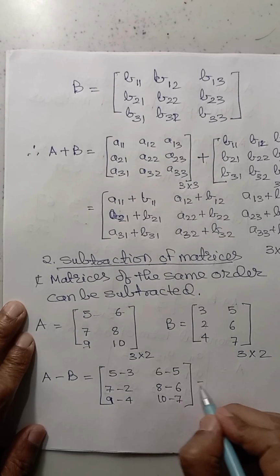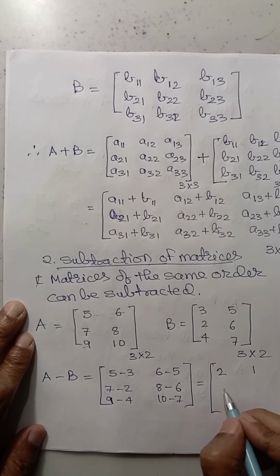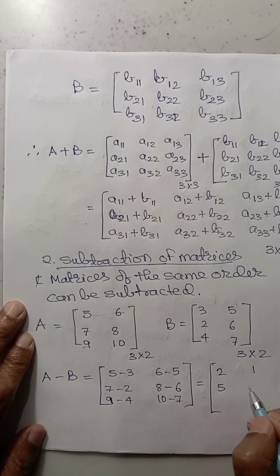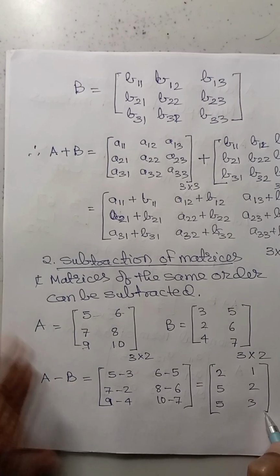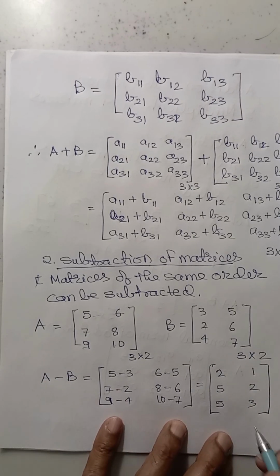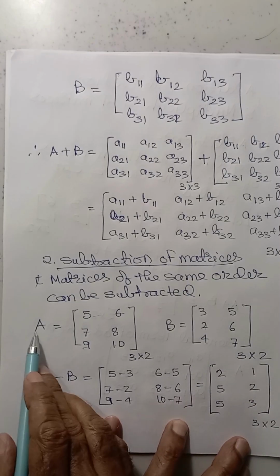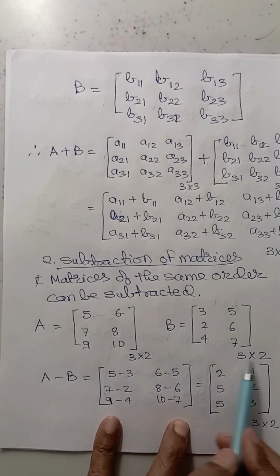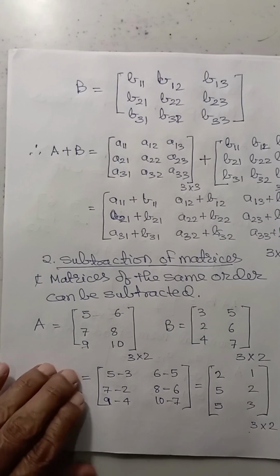So it will be equal to 2, 1, 5, 2, 5, 3. And you will see that after A minus B, the matrix will be of the same order, as A has 3 into 2 order, B has 3 into 2 order, and A minus B will also be of 3 into 2 order.